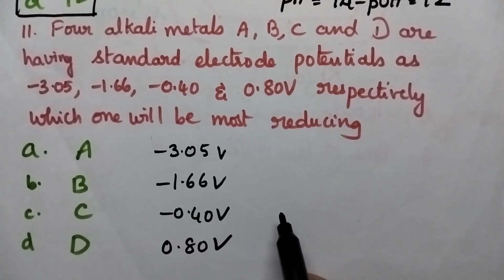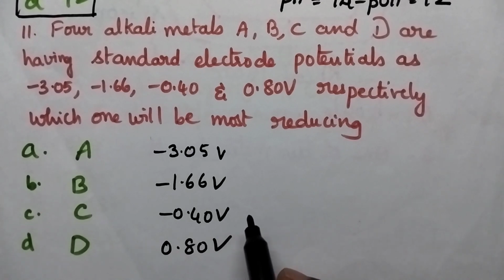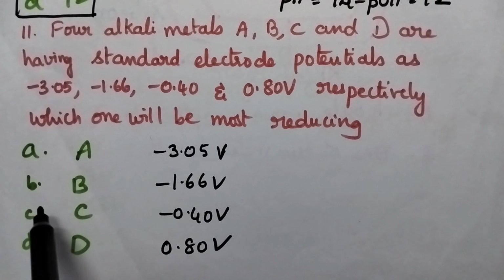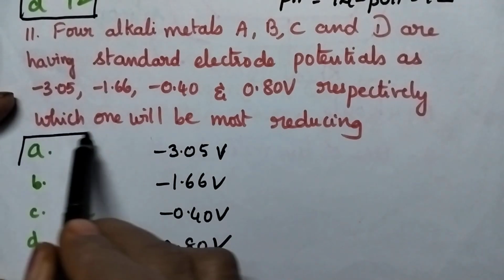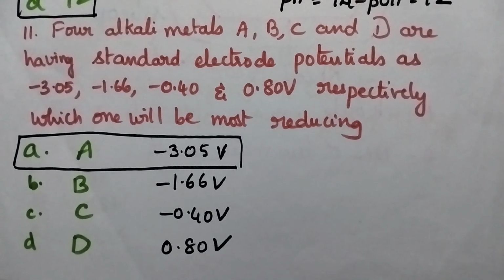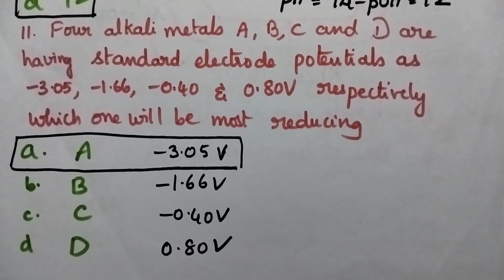So according to the electrochemical series, the metal with the lower standard electrode potential will act as the best reducing agent. Here when you compare all 4 values, metal A is having the lowest standard electrode potential, and hence it will act as the best reducing agent.